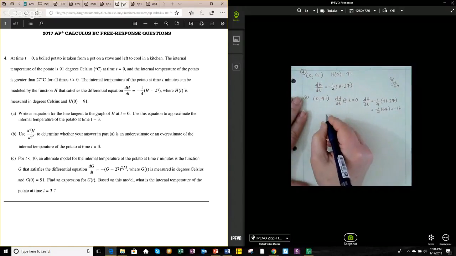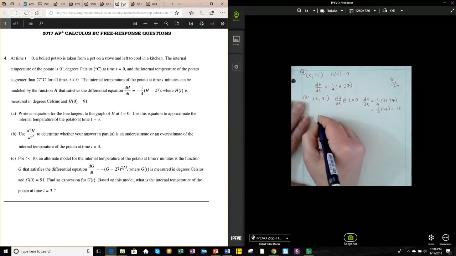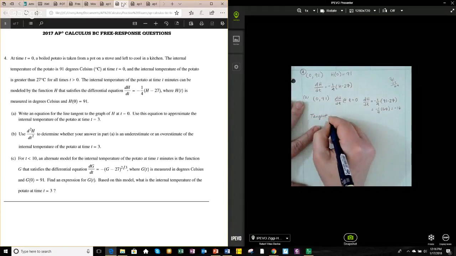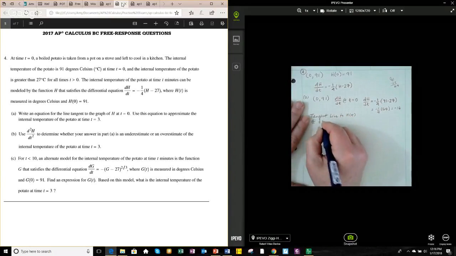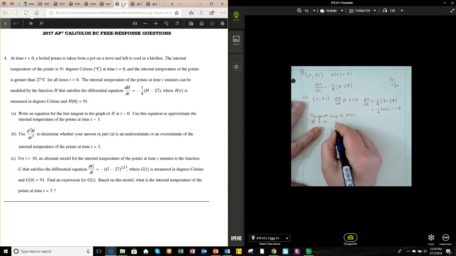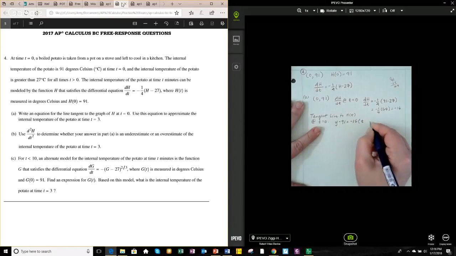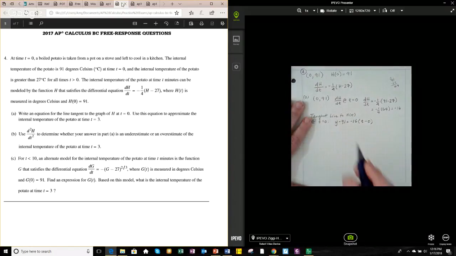All right, so the slope is negative 16, the tangent line to h of t at t equals 0 is going to be y minus 91 equals negative 16 times (t minus 0). So that's the tangent line, and I would just leave it right like that.